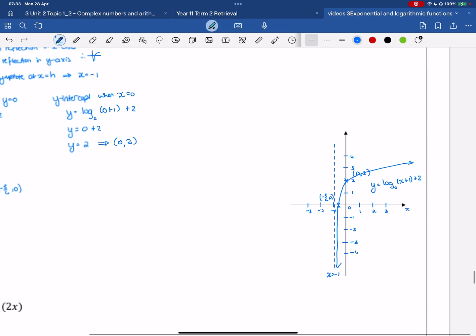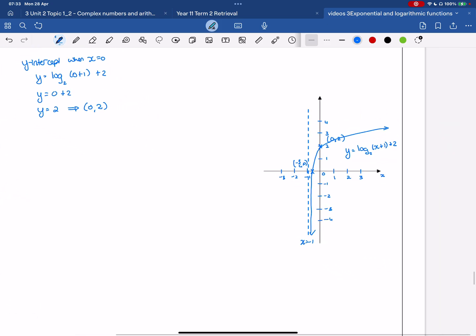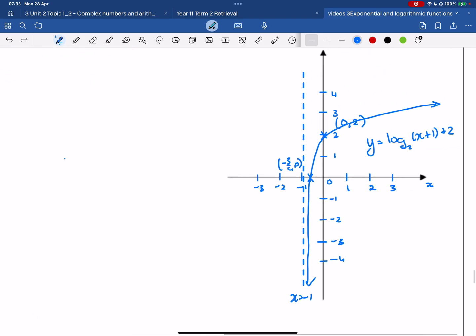Now let's have a look at our domain and our range. So remember that the domain is the x values for which the function is valid. And you can see that there is nothing happening to the left of my asymptote. So my function is not defined for x less than or equal to -1.